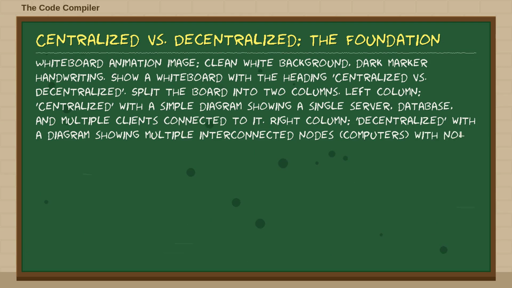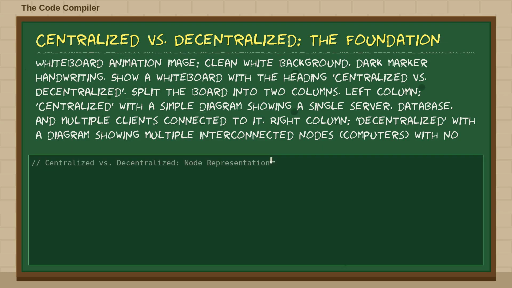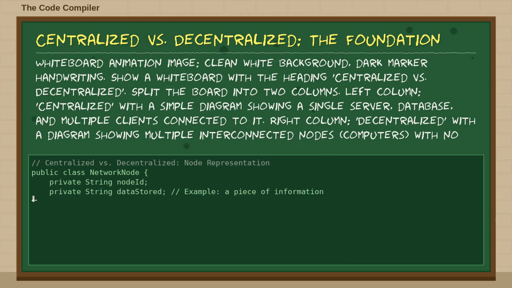Right column, decentralized, with a diagram showing multiple interconnected nodes, computers, with no central authority. Below the decentralized diagram, show a Java code snippet for a network node class, clearly boxed with syntax highlighting indicated. Neat teacher handwriting. No people.